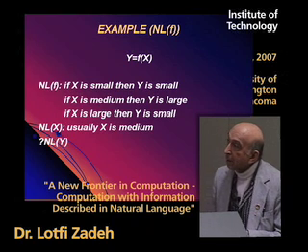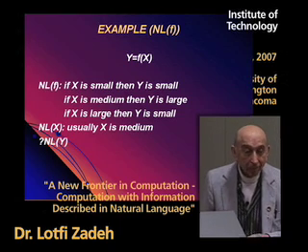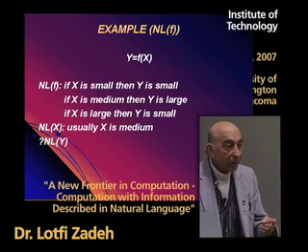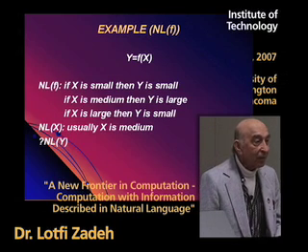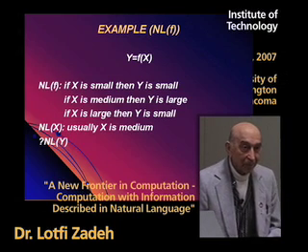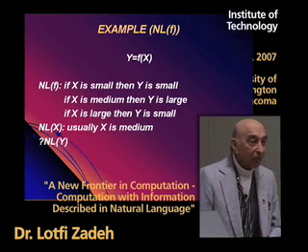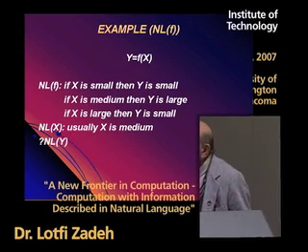And then I say that usually x is medium. What is z? Now, this is one of those problems. When I argue with my friends in probability theory, I say, solve this problem. How do you solve it? Well, when you take a course in probability theory, nobody teaches you how to solve problems like that.